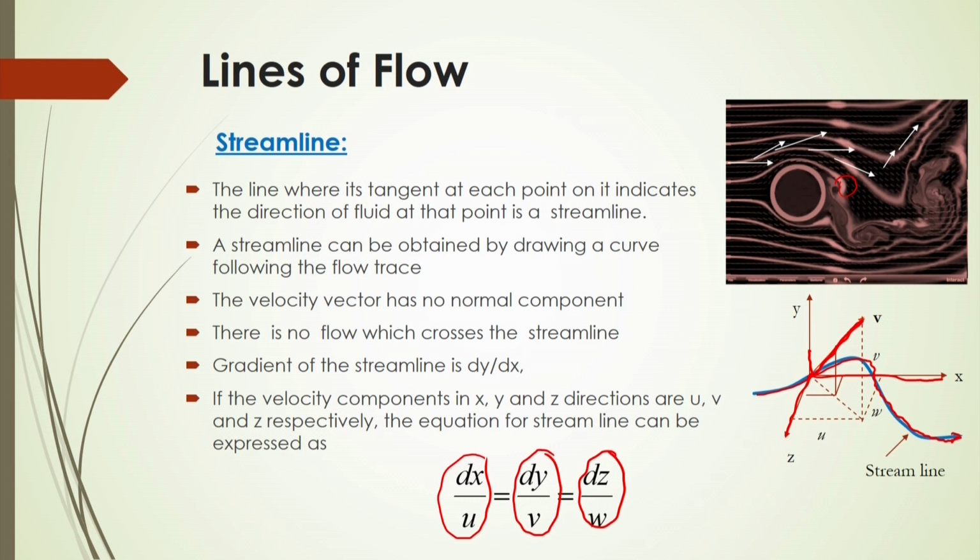So, the main important point here is that the velocity vector will not have any normal component, and there will be no flow which crosses this streamline, because the direction of the fluid will be as per the tangent of the particle flowing at each point.